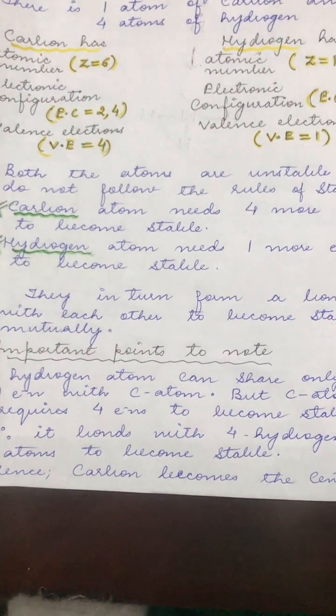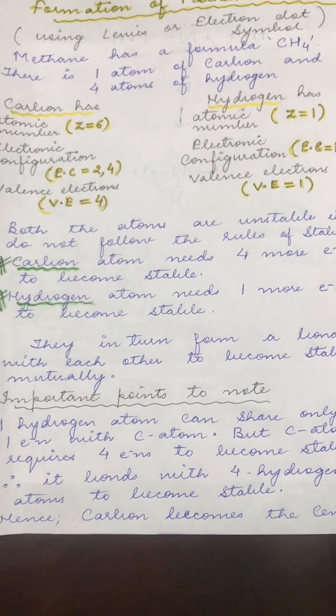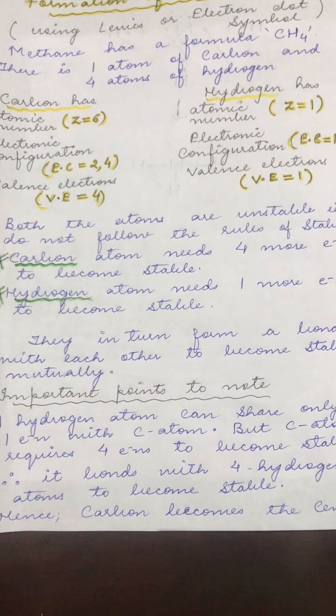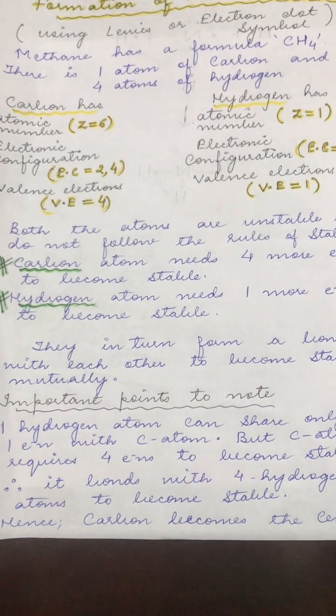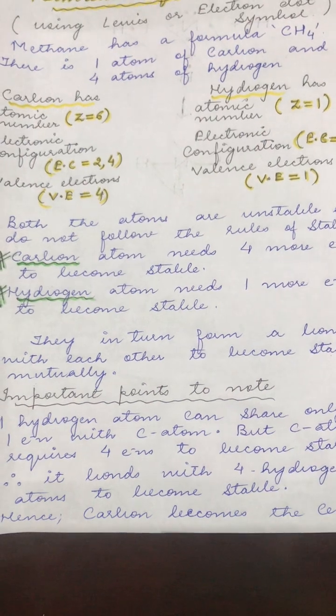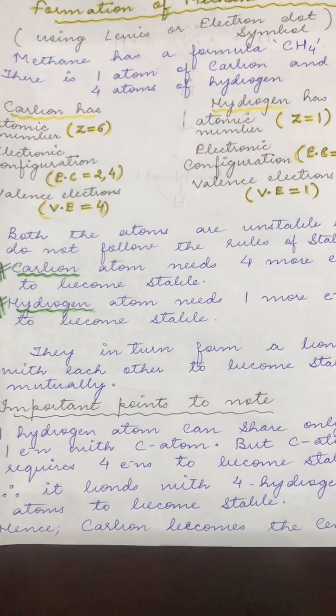Now, it is very important for you all to note why this particular compound is formed and how it is formed. The reason behind it being formed is that both are unstable atoms, and how it is formed is by first checking which of the two atoms is going to be the central atom.